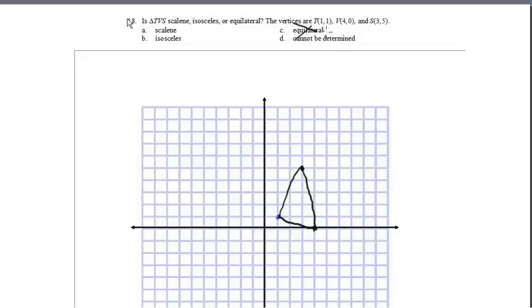It's not isosceles either. Remember, an isosceles triangle would look something like this, where these sides would be congruent.